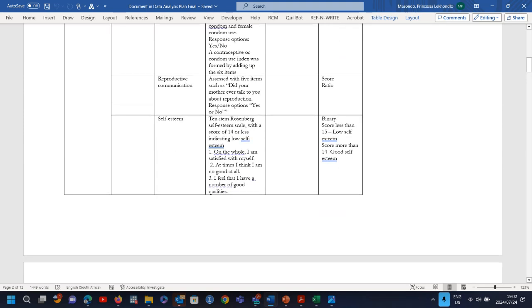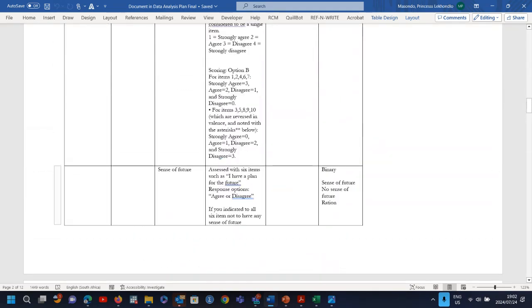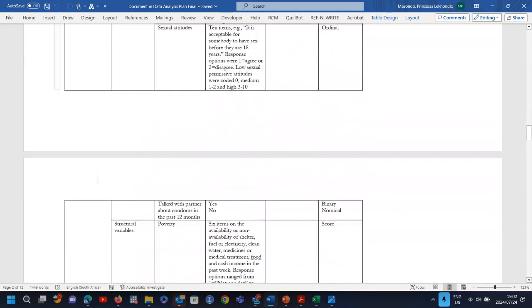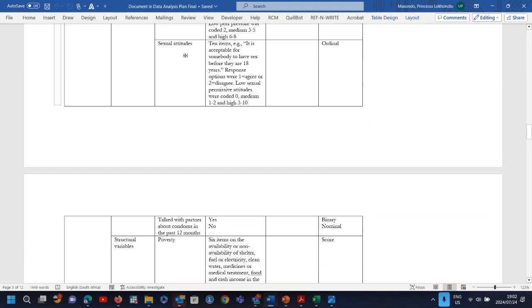So you can see, you know your variables. This is how I'm going to measure it, and this will be the scale, and you will see how it's going to assist us. So for example, sexual attitude, they also ask 10 items, and at the end, from those items, they rate you as having a low, medium, or high sexual permissive attitude.